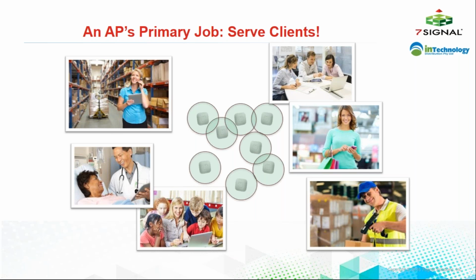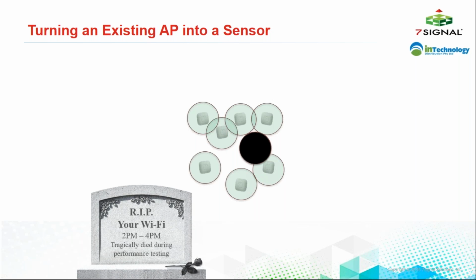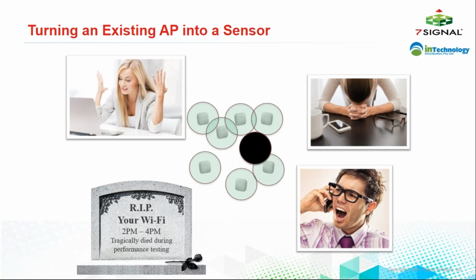What happens is that when somebody calls and says they're having a lot of issues or problems in a certain area, the tendency is, okay, why don't we take one of our APs in that area and turn it into a sensor? But when we do that, we are creating a dead spot because of the antenna configuration. There's no way it could be a sensor and an access point serving clients at the same time.